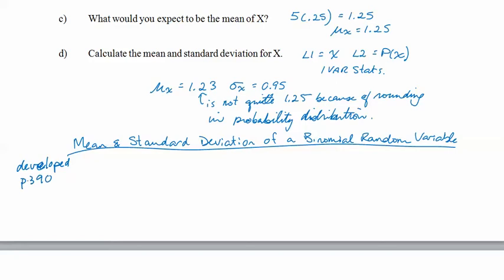All right, so the mean is n times p. The standard deviation will be the square root of n times p times 1 minus p, where n is the number of trials and p is the probability of success on any trial.